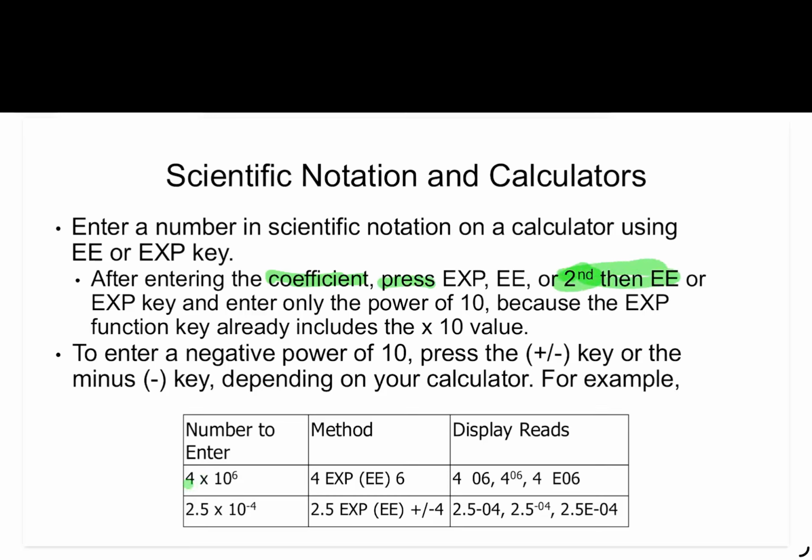If I wanted to enter 4 times 10 to the 6, I do 4, then second with EE, and then 6. Just practice this with your calculator or your phone or whatever you're using, and make sure you know how to use the calculators that are in the lab, which is again the TI-30X2S. This is what I recommend.